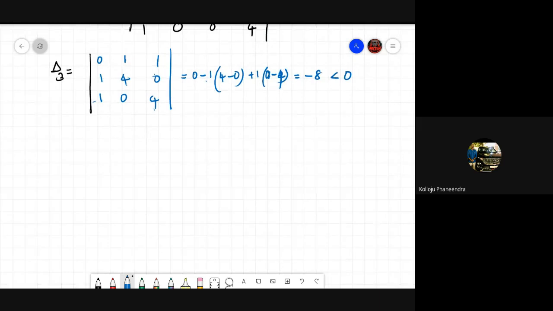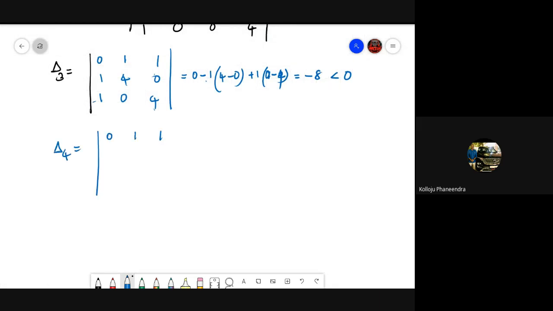Now coming to delta 4. Delta 4 means the entire matrix: 0, 1, 1, 1; 1, 4, 0, 0; 1, 0, 4, 0; 1, 0, 0, 4. Now I have to calculate this determinant. Let me simplify, otherwise it is very big. Take R3 minus R2 and R4 minus R2.